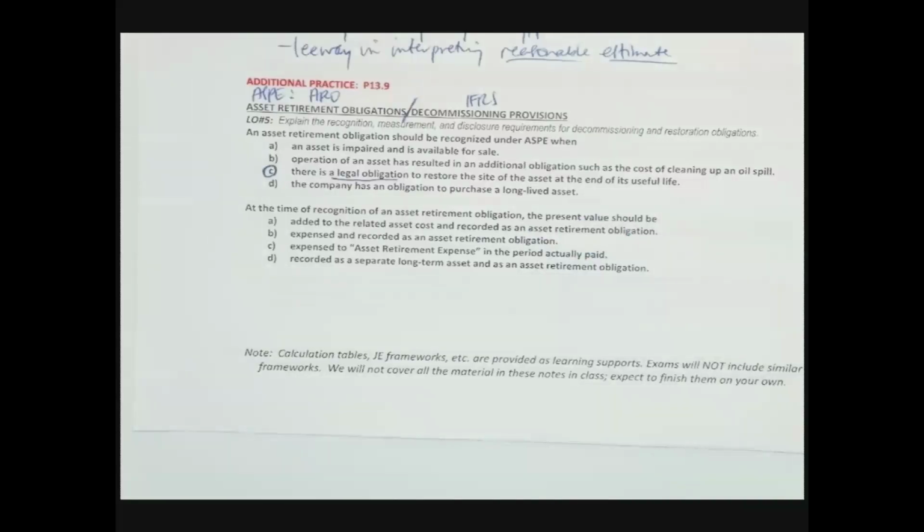So when we're booking it, the present value should be, what do we do with the other side of the asset retirement obligation? Ethan?